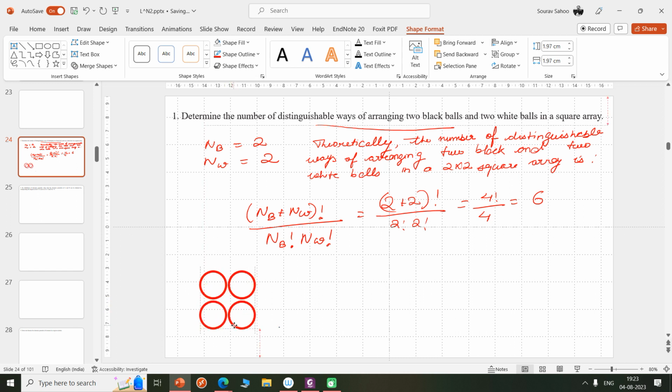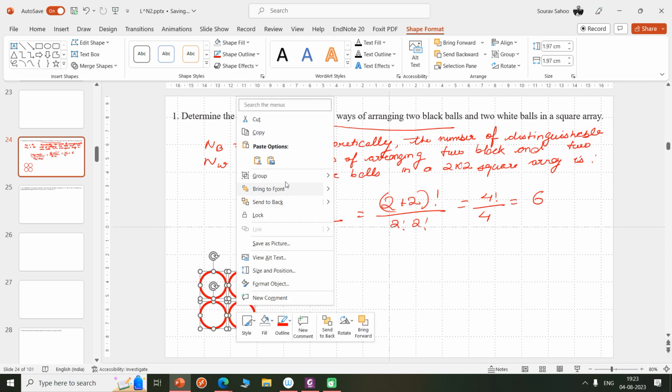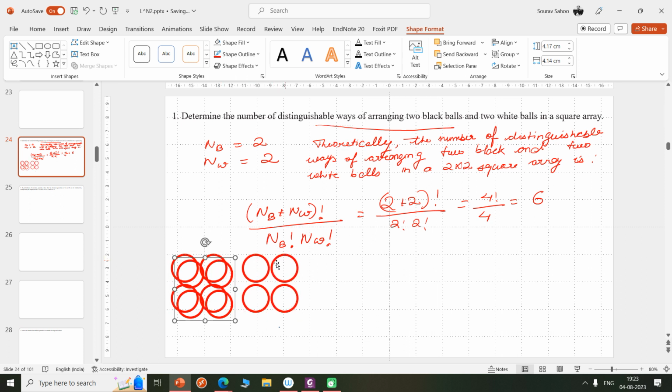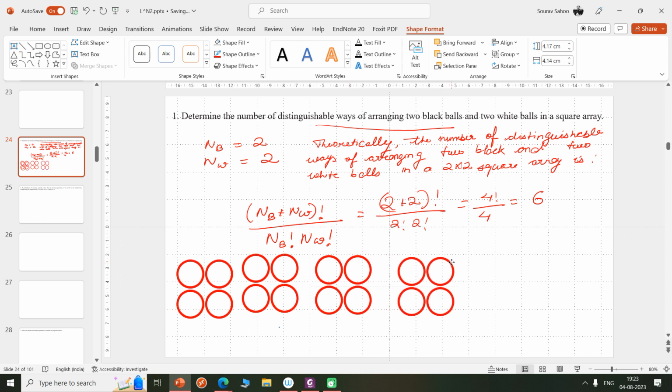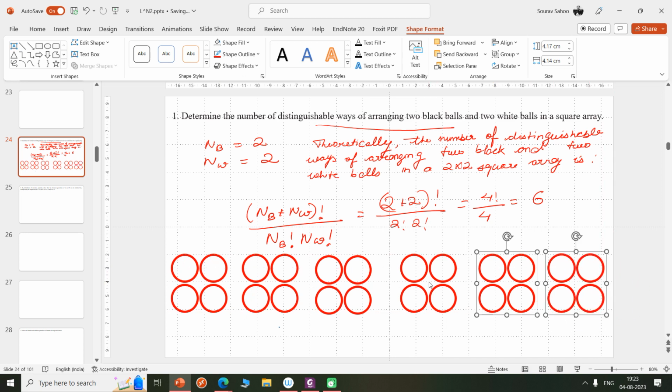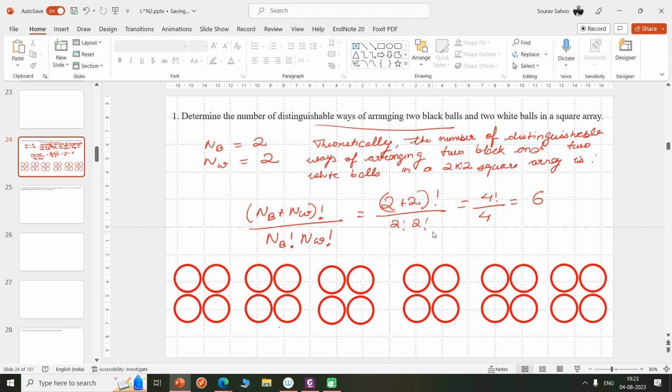So to quickly verify, you can make a structure like this, and you can repeat it 6 times. Let's say I'll just shade it to represent it as black.